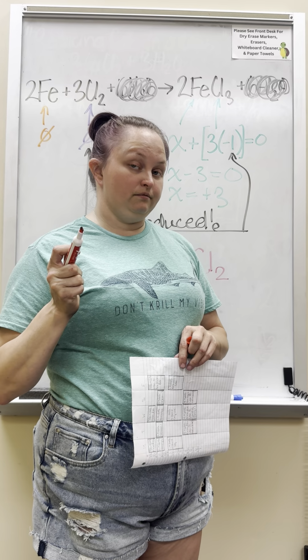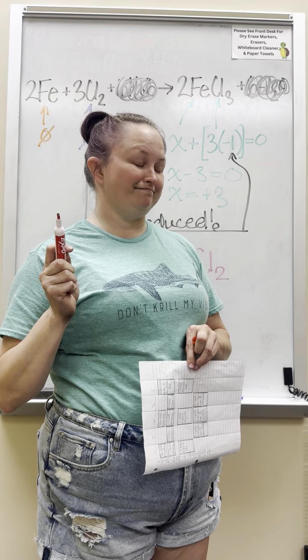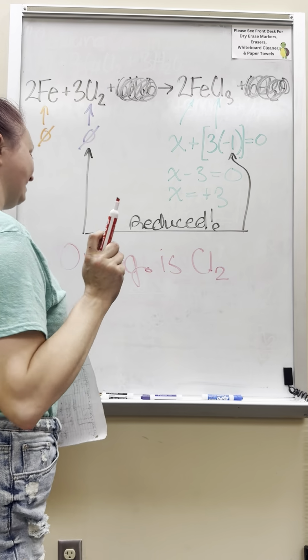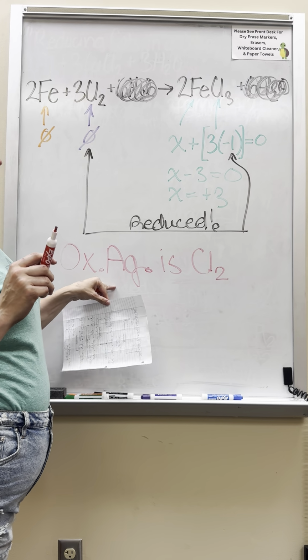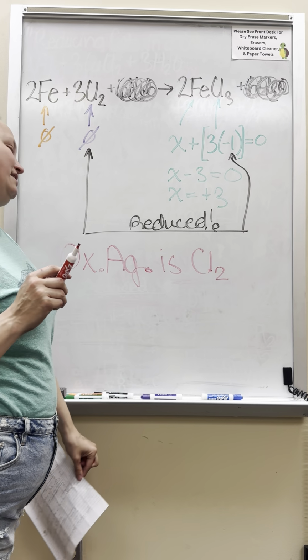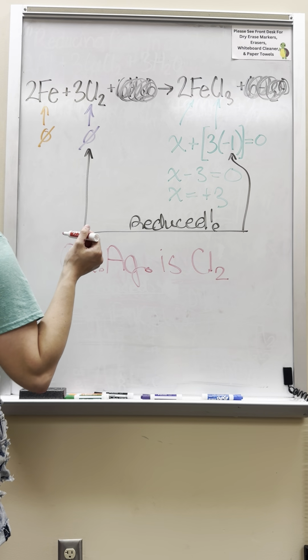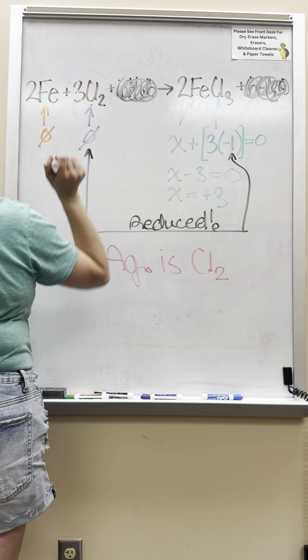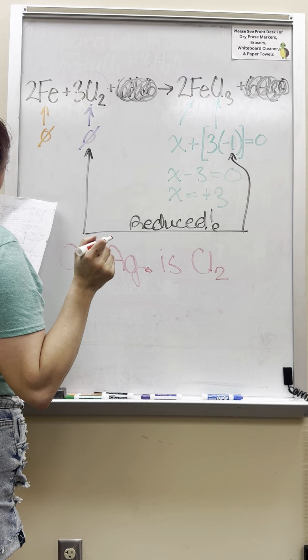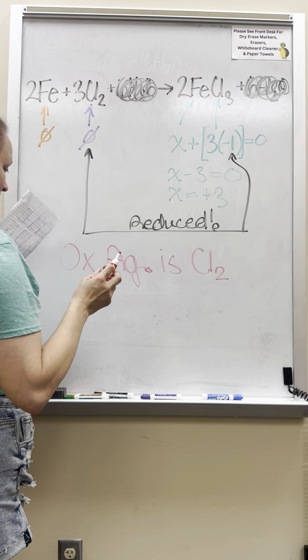And now I don't know. I'm so tired. It's not the opposite. The oxidizing agent is what is being reduced. Okay. Yes, so it is Cl2. Am I right? Yes, I'm right. Okay.